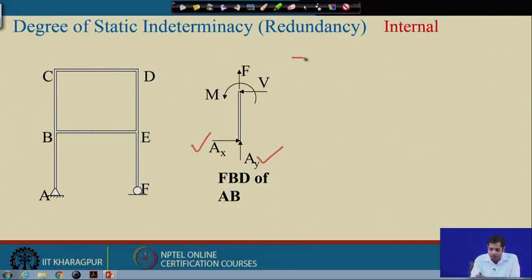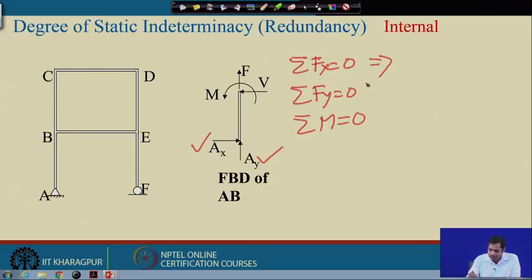Then we have 3 equations: summation of Fx is equal to 0, summation of Fy is equal to 0, and summation of M is equal to 0 at any point. So, this gives us V is equal to Ax. This gives us F is equal to Ay, and similarly this gives us M is equal to 0.